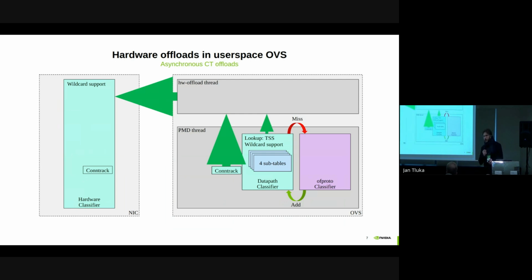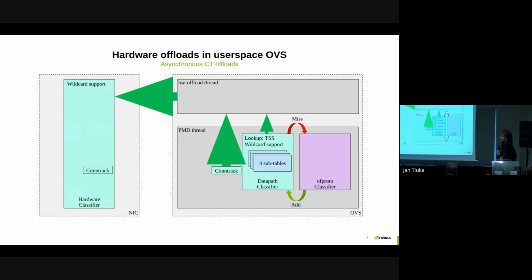So we had the first implementation years ago, which was based on the same infrastructure that was used for megaflow offloads. Previously, the megaflows were synchronized from the data path classifier directly, and you go into the hardware offload thread, where you insert them in the hardware classifier exactly as they are.